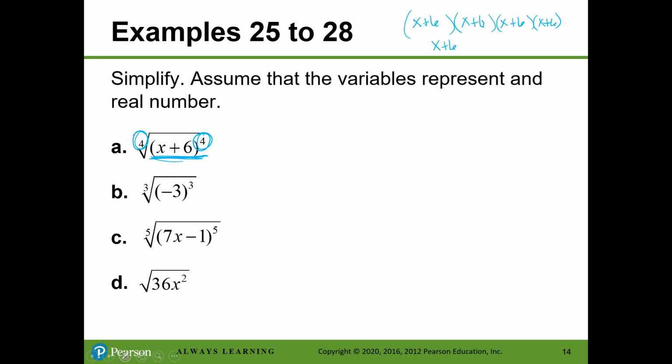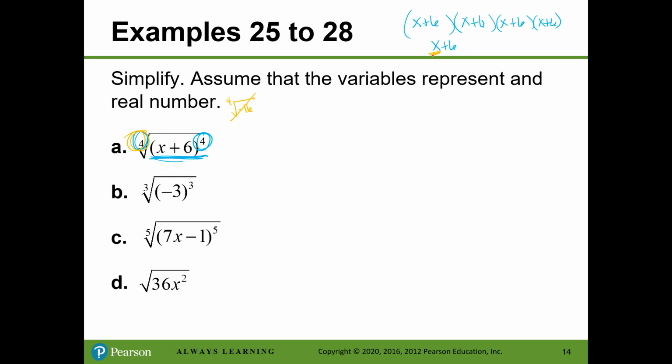But a word of caution. Am I allowed to take the fourth root of a negative number? Correct. The answer is no. Remember, we tried taking the fourth root of a negative 16, and we couldn't do it. This variable makes it a wild card.